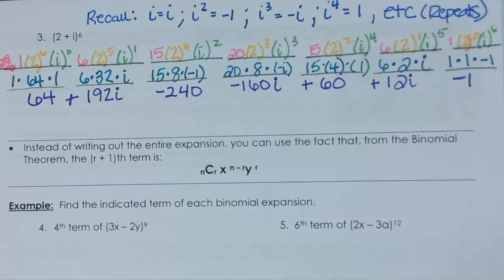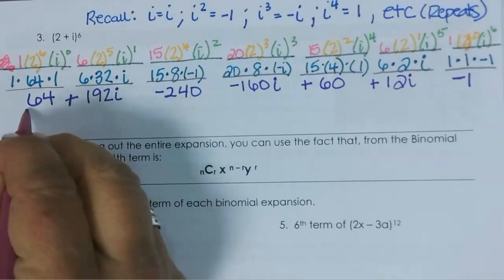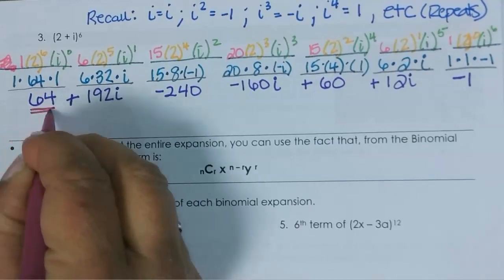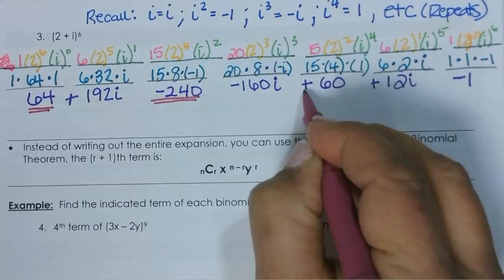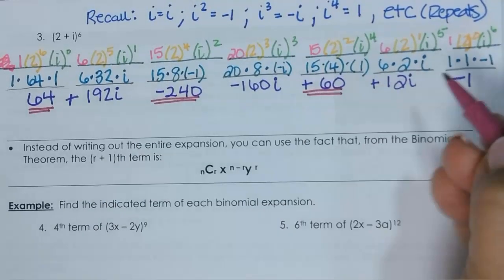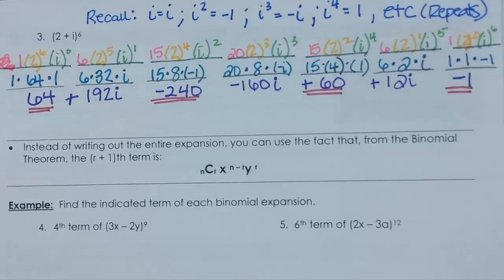And to have standard form, what that means is that we're going to combine all of our like terms together. Do you see that I can combine 64 with negative 240 and with positive 60 and with negative 1? Now I can add those together.